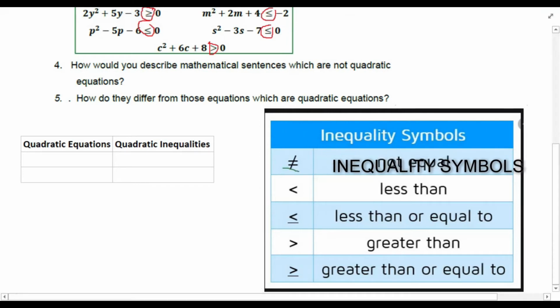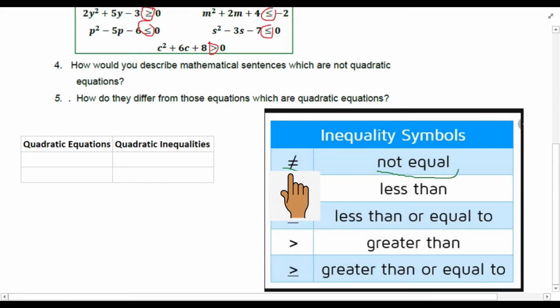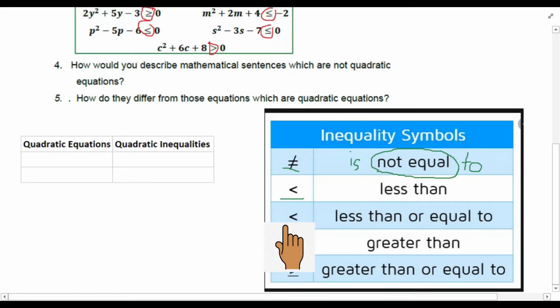This one is not equal to, then this one is less than, then this one is less than or equal to, and this one is greater than.